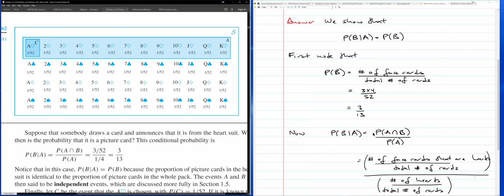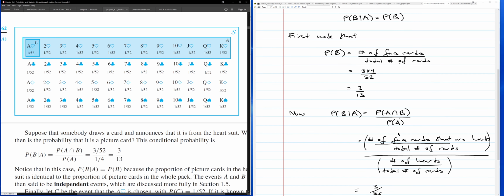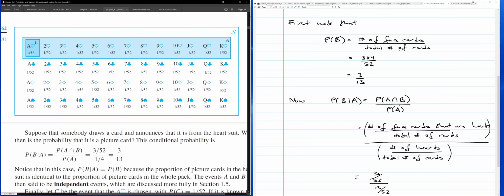Okay, and the probability of A intersect B? This means that A means the card needs to be a heart, and B means that it needs to be a face card. So what you're looking at is face cards that are actually hearts, and you have three of those. So the probability of A intersect B is the number of face cards that are hearts over the total number of cards, so it is in fact 3 on 52.